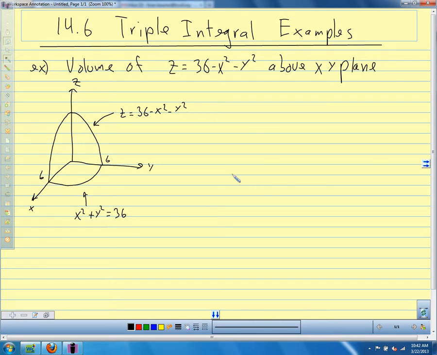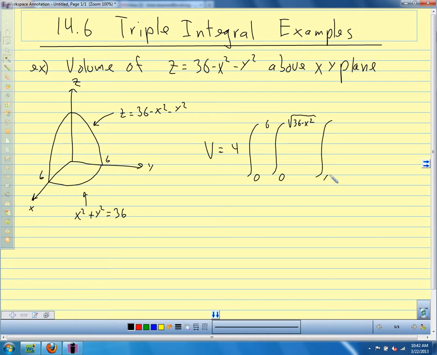So our volume, this one's an easy one to set up. I'm just going to do the first octant and multiply by 4. So we get 4. X is going to vary from 0 to 6. Y is going to vary from 0 to the square root of 36 minus x squared.